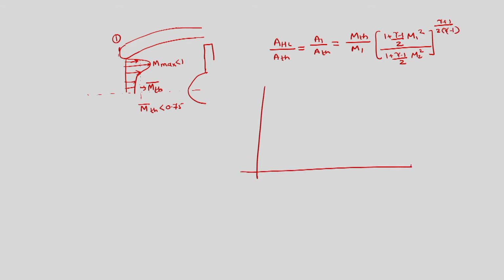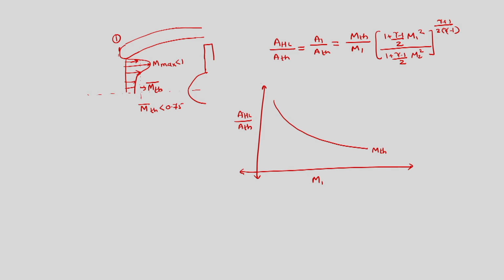So, for a given composition or given highlight area to throat area, where both are known to us, if we plot them with different M1, then this is the variation for a given M throat Mach number.